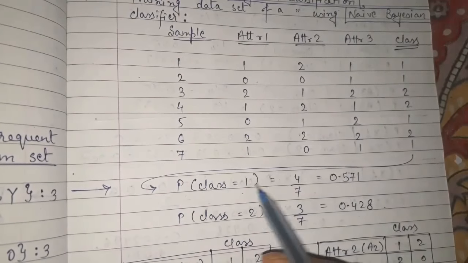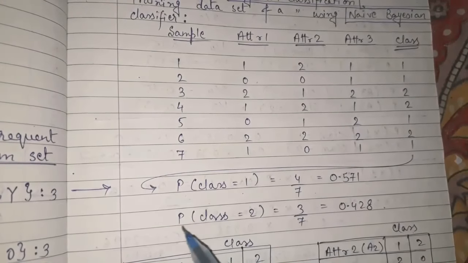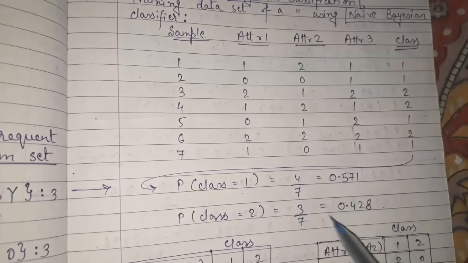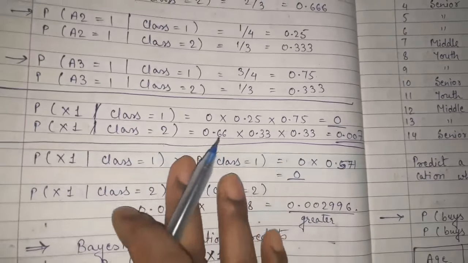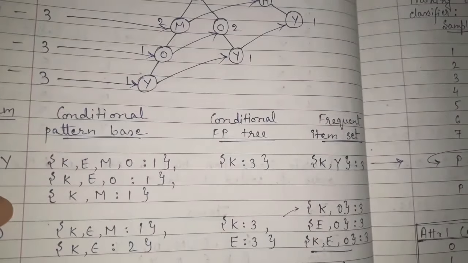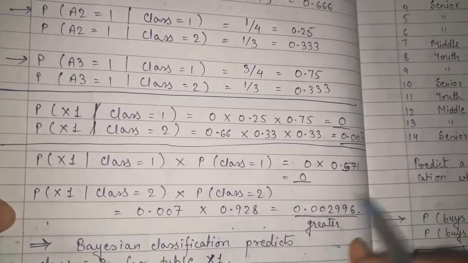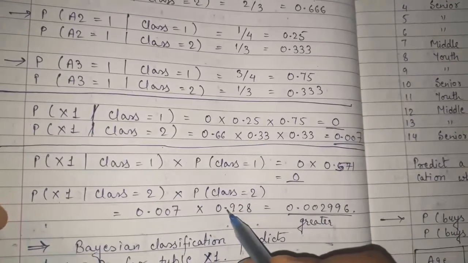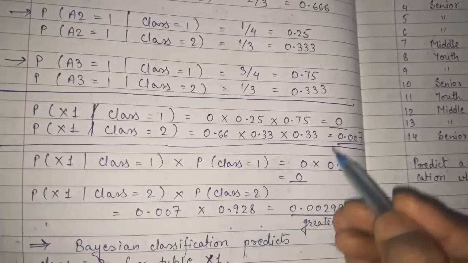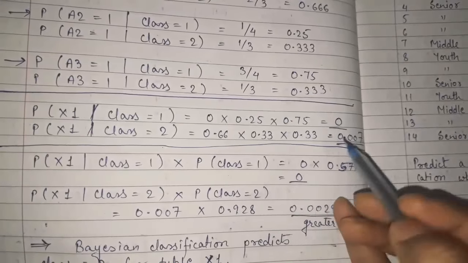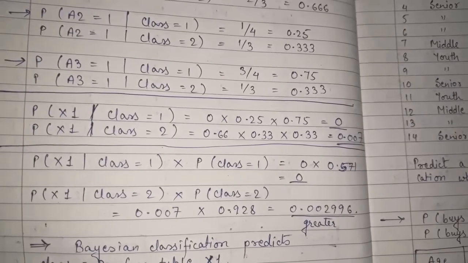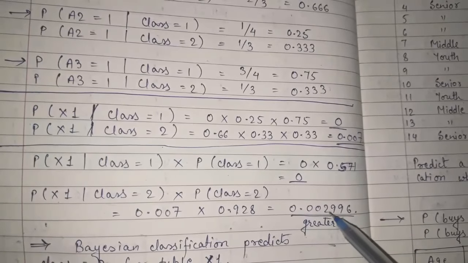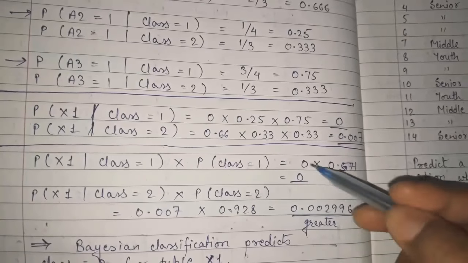The probability of class equal to 1 is 0.571 and of class equal to 2 is 0.428. These two values we have taken from that step, and we multiply them with the values we got in the upper step. So we will get 0 and 0.002996 respectively.